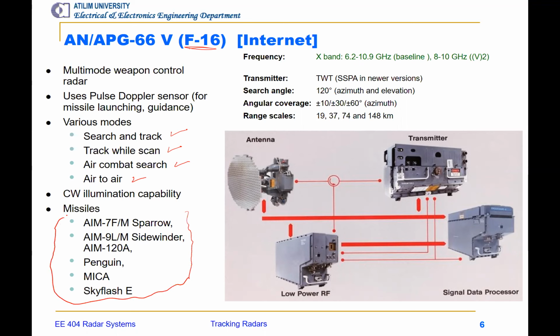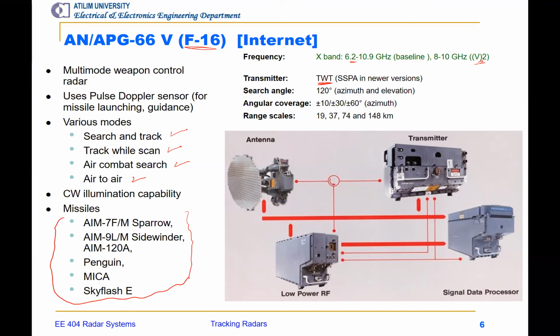The operational frequency band of the radar is X-band, from 6.2 to 10 gigahertz baseline, and it's usually the 8 to 10 gigahertz band. It uses a traveling wave tube in the older versions, but in new versions there are solid-state power amplifiers.